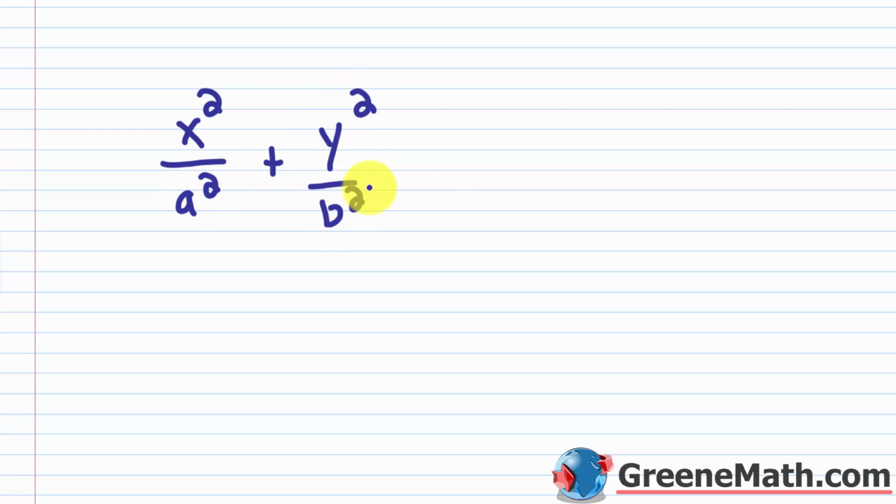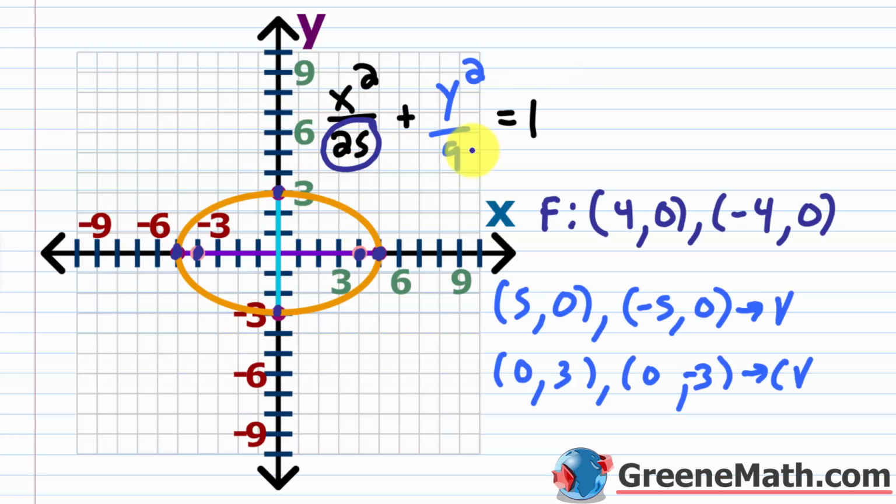Now, generically, let me give you a formula. If we see x squared over a squared plus y squared over b squared equals 1, and a is greater than b, this is going to be a horizontal ellipse. Think about what we just looked at: 25 is greater than 9. Think about the principal square root.